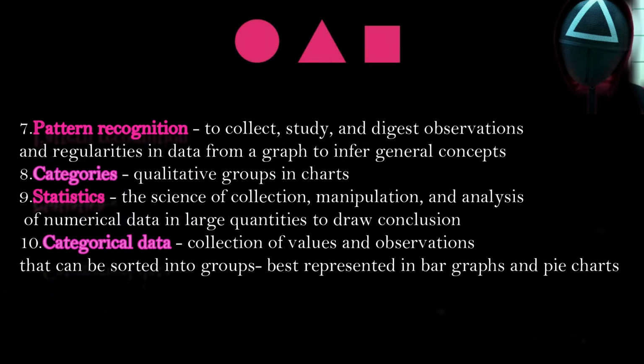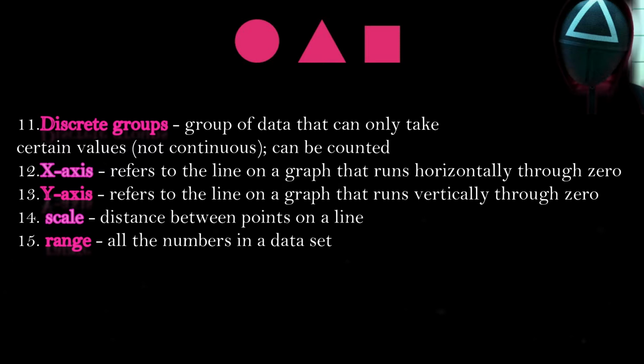Eighth, categories. Ninth, statistics. Tenth, categorical data. Eleventh, discrete groups. Twelfth, x-axis. Thirteenth, y-axis. Fourteenth, scale. Lastly, range. Those are the 15 terms you should know. So, let the game begin.